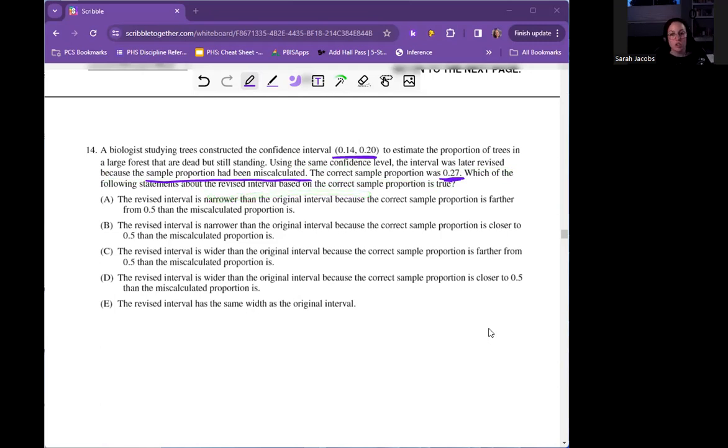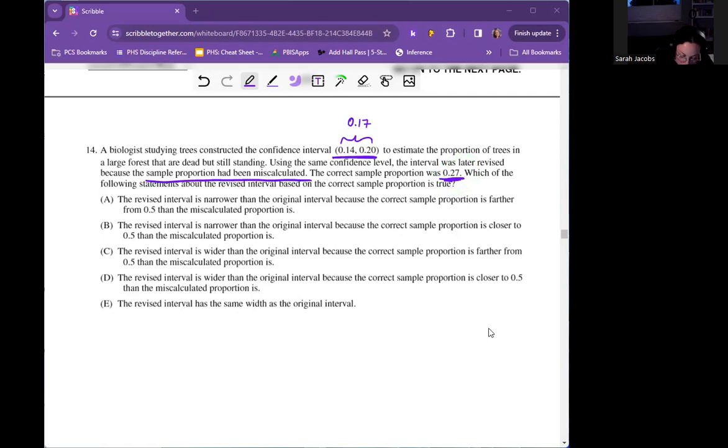Okay. So the sample proportion is always going to be the dead center of your interval. So the sample proportion here, right, these are 0.06 away from each other, so the sample proportion here was 0.17. So if that's true, then the correct sample proportion was 10% higher.